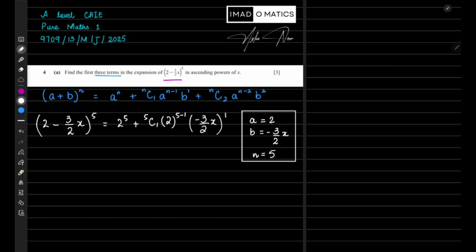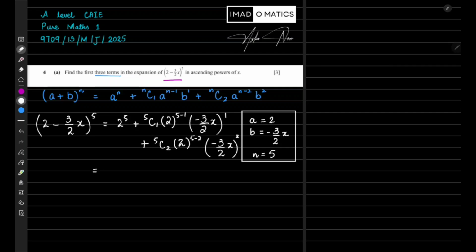We are taking b to be minus 3 over 2x because the standard is (a plus b) to the power n. Now for the third term, we will be writing 5C2, 2 to the power 5 minus 2, and (minus 3 over 2x) to the power 2.